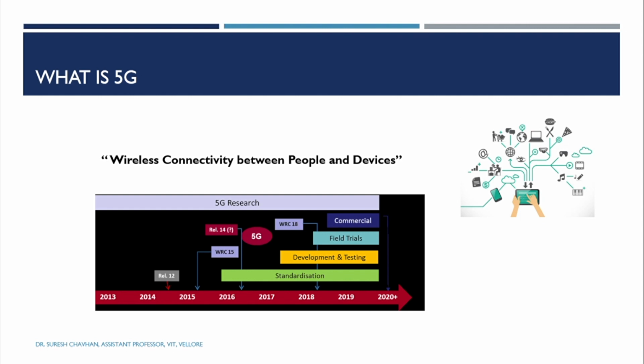Once this development and testing was done, they did a few field trials as well. And now it has been commercialized. They have made it available to the public and are selling to the public. So this is about 5G.